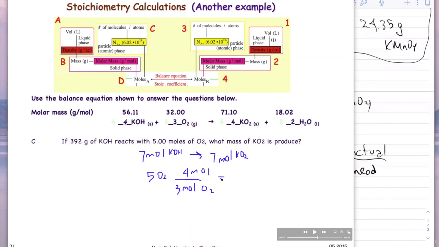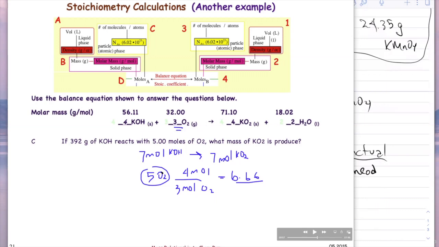So we do the math. 5 times 4 is 20 divided by 3. So 20 divided by 3 is going to be 6.66. So the limiting reagent is your oxygen because it gives you the lower amount of KO2. So now I know my oxygen is my limiting reagent.